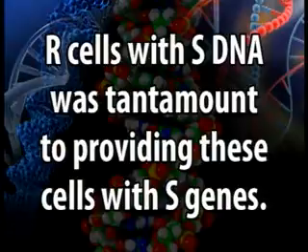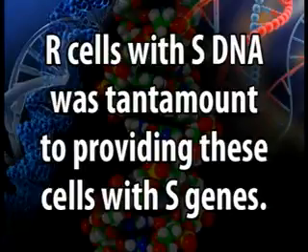It seemed that providing R cells with S DNA was tantamount to providing these cells with the S genes. So the message that we get from this experiment was that DNA is in fact the transforming principle, and it was the first demonstration that genes are composed of DNA in a way.